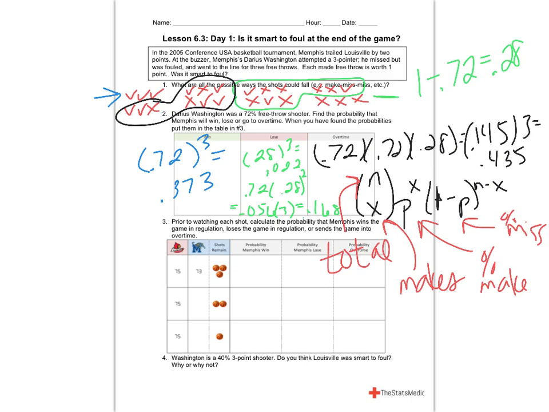So if we look at this example, here is what it looks like in your calculator. I think you may have seen this in your math classes.